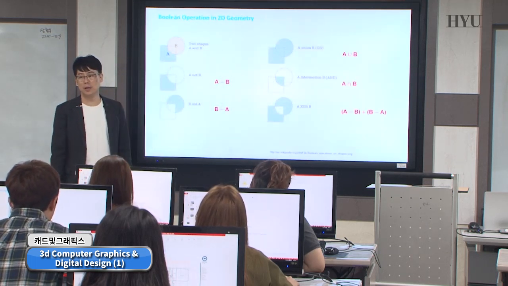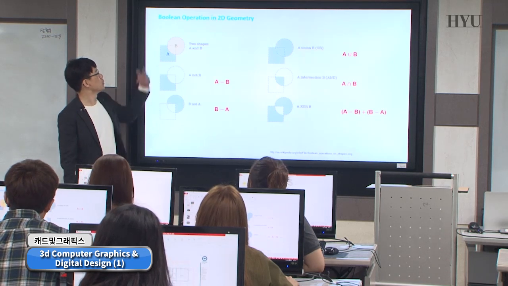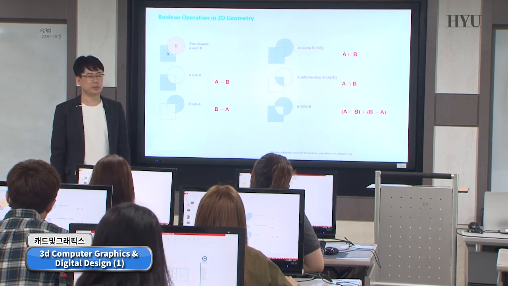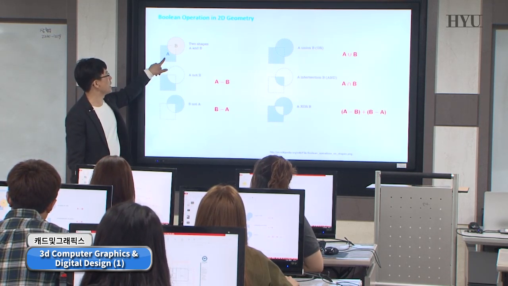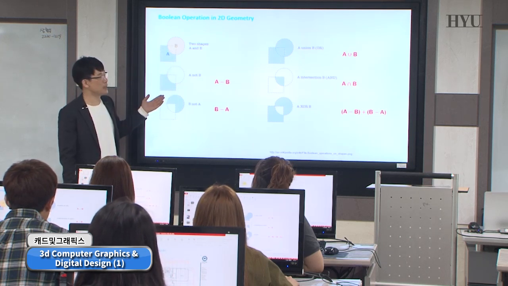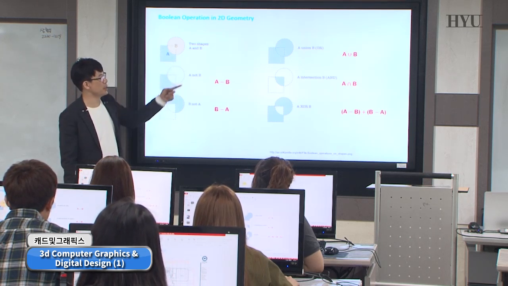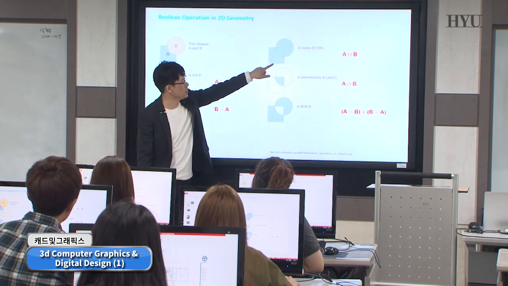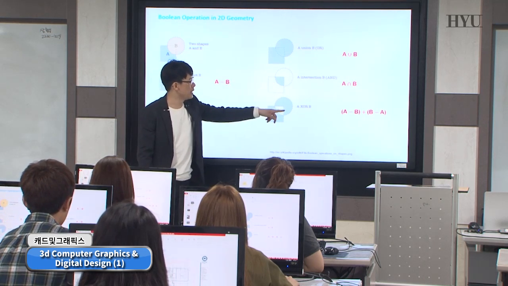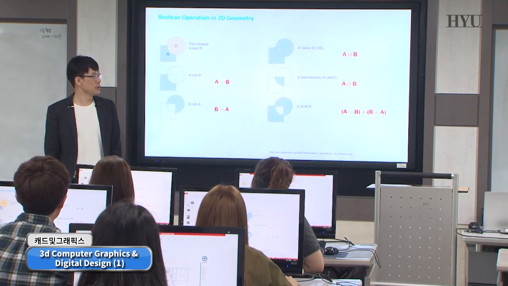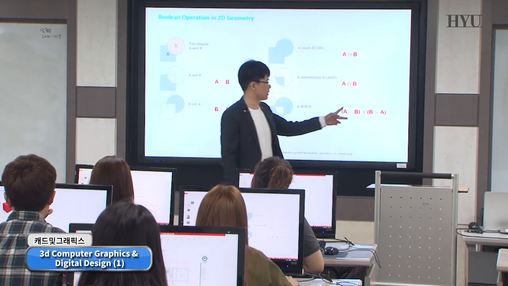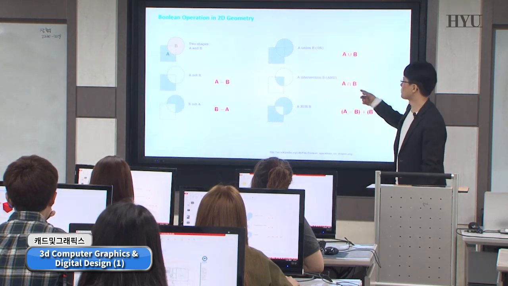That's the Boolean operation. Take a look. Boolean operation in 2D geometry: if there is A and B, we can define A minus B, B minus A, union, A intersection B, A XOR B, okay? Operations can be defined this way.